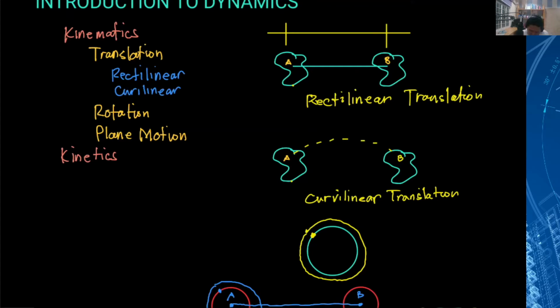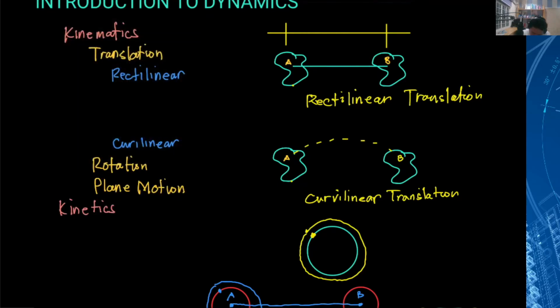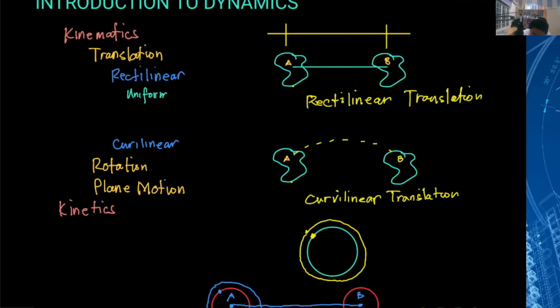Under rectilinear, we still have subtopics: uniform velocity, sometimes called constant velocity, constant acceleration, and variable acceleration.